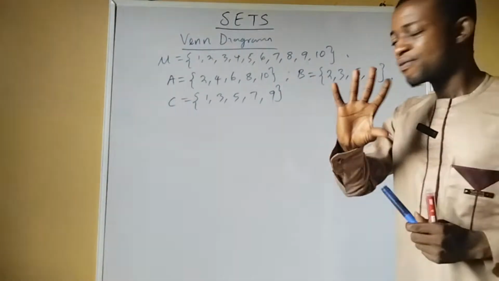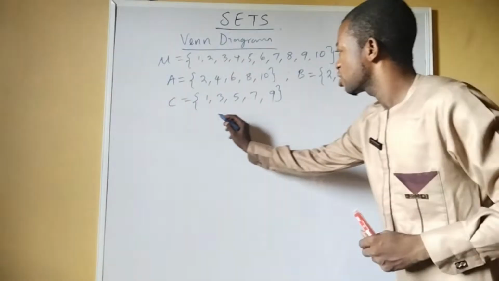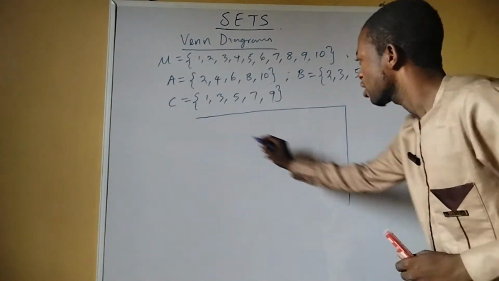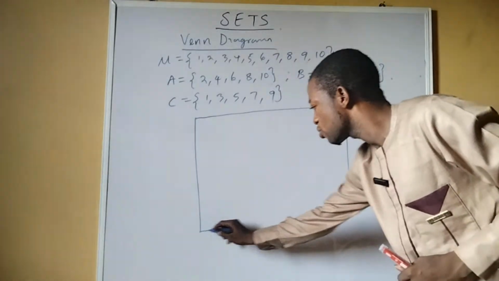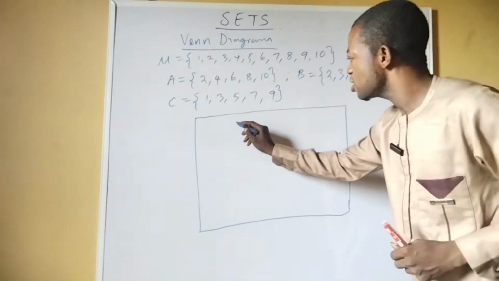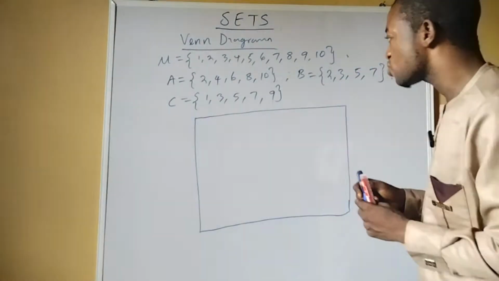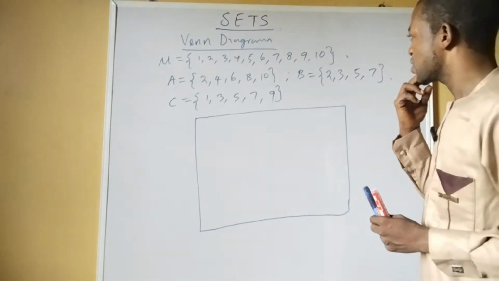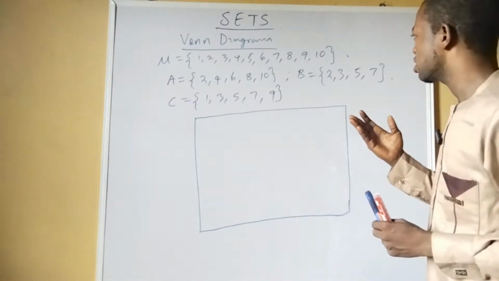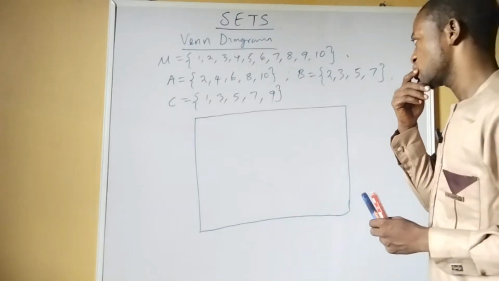Now it means we have 3 sets. So we still have the universal set as this box here, and now it's 3 sets, meaning we have 3 circles. But first, okay, is there something common to all the 3 sets? Which I don't think so here.